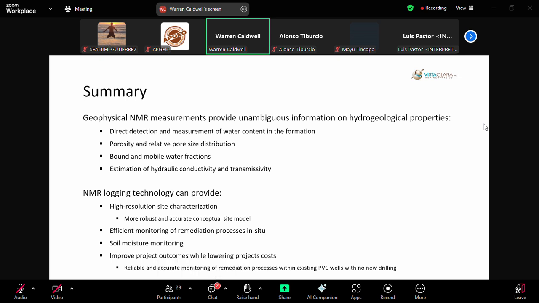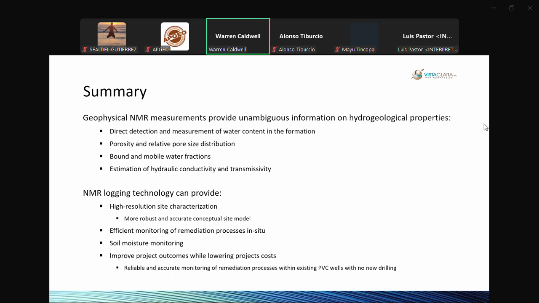Okay, so I see a question about using DART in a 63 millimeter PVC. Yes, the DART system comes in two diameters.